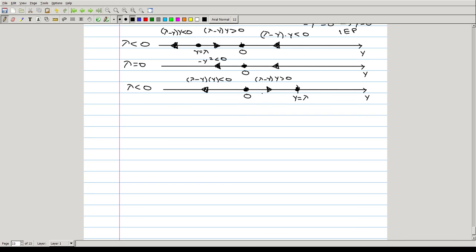So 0 remains an unstable equilibrium value. And at y equals lambda, when y is above this, (lambda minus y) times y is negative.